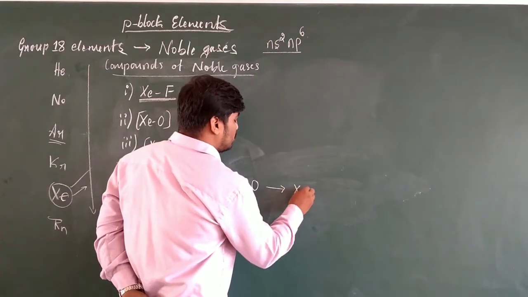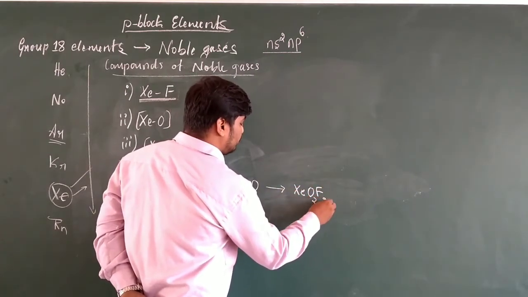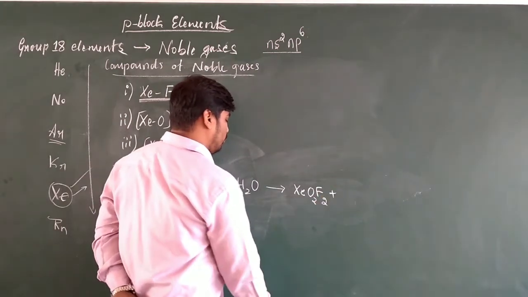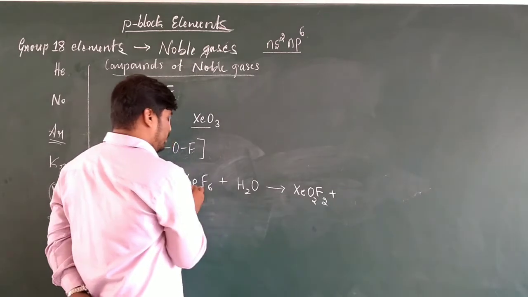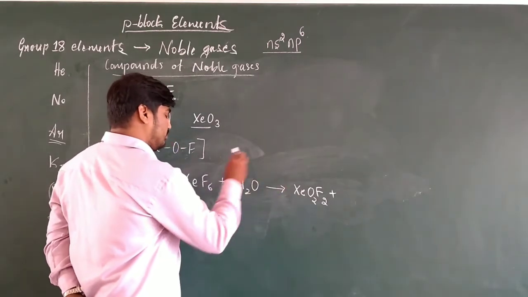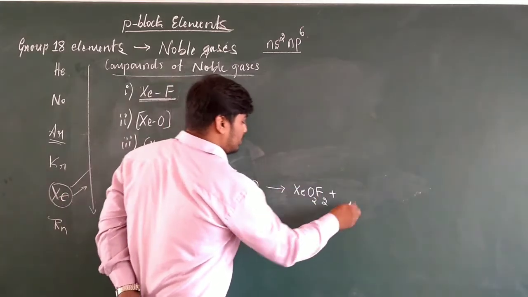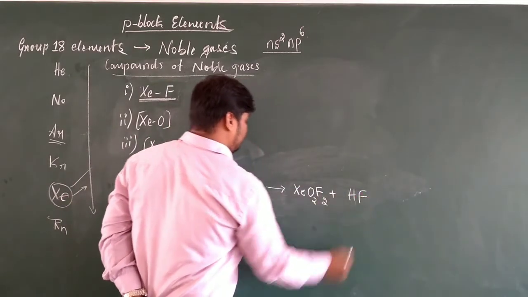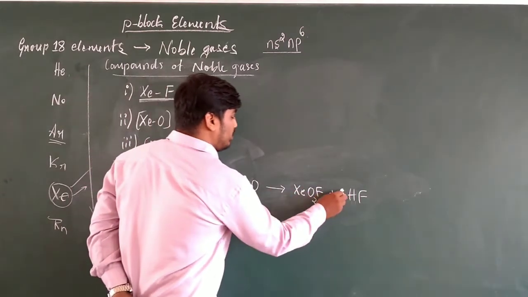Then it gives xenon oxyfluoride. Here only one xenon is not completed because the formation of HF also takes place. How much HF? Here I am using 1, then it is 2.